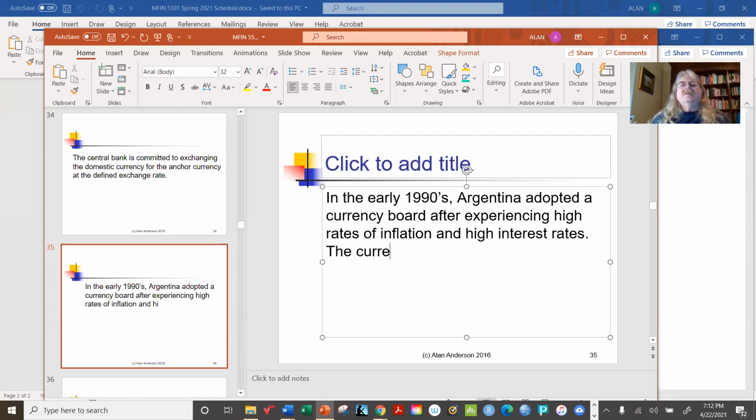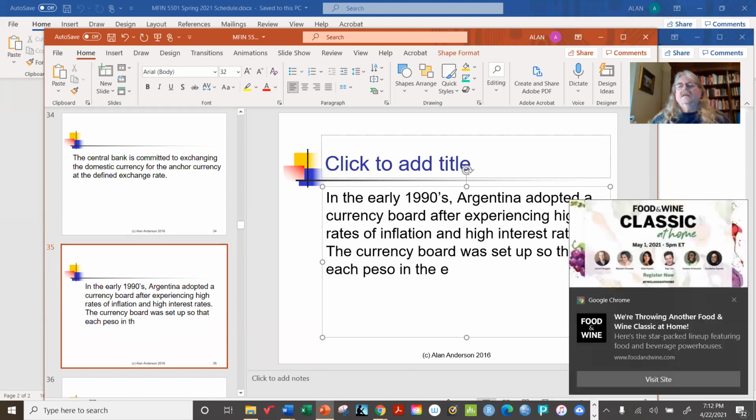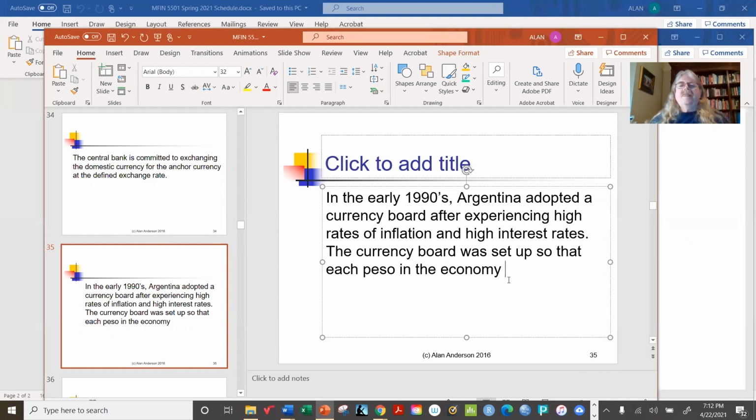The currency board was set up so that each peso in the economy could be exchanged for US dollars on a one-to-one basis.